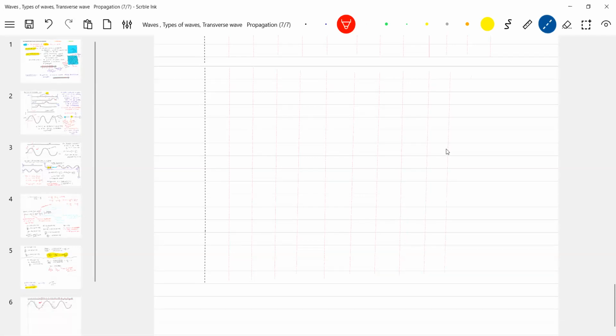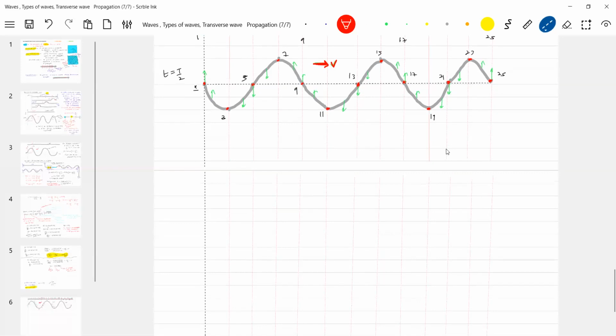The vertical lines tell you the position of a particle. Okay, let's come to this. So this will be at extreme.